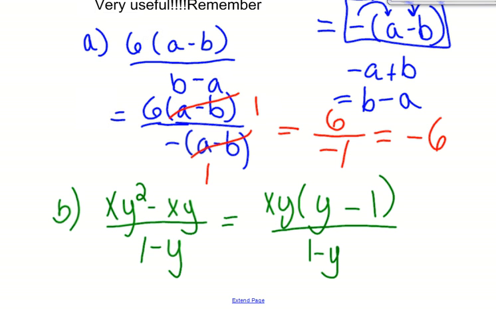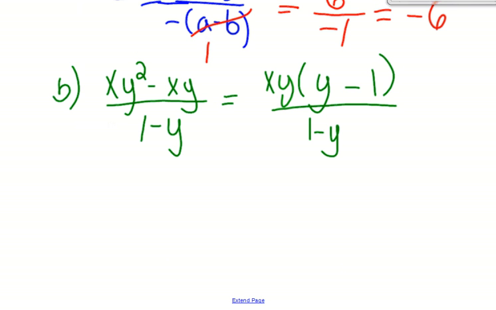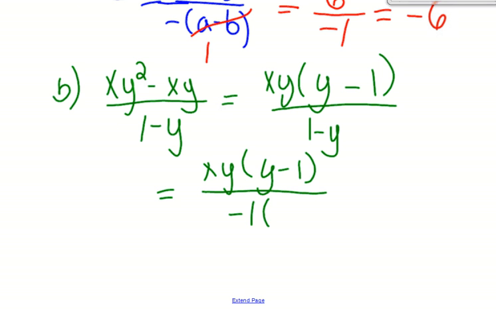So we can turn this 1 minus y into a y minus 1 if we factor out a negative. So if we factor out a negative 1, we can change this to 1 minus y.